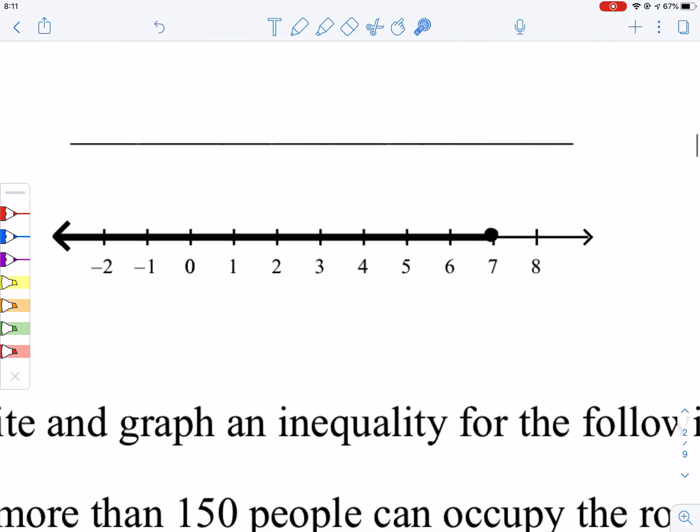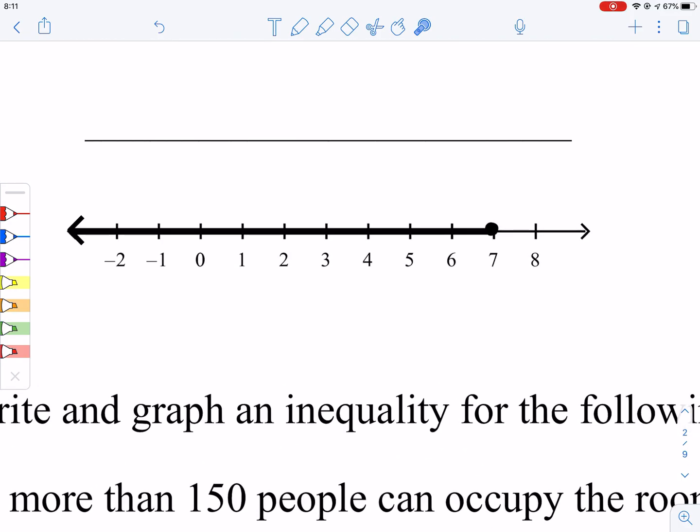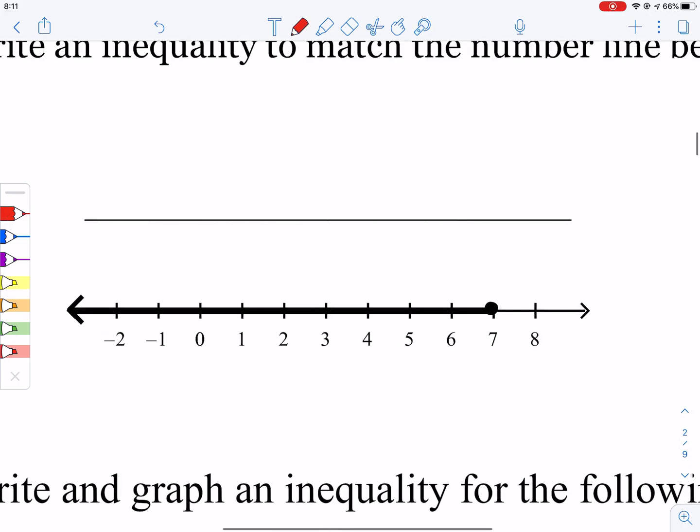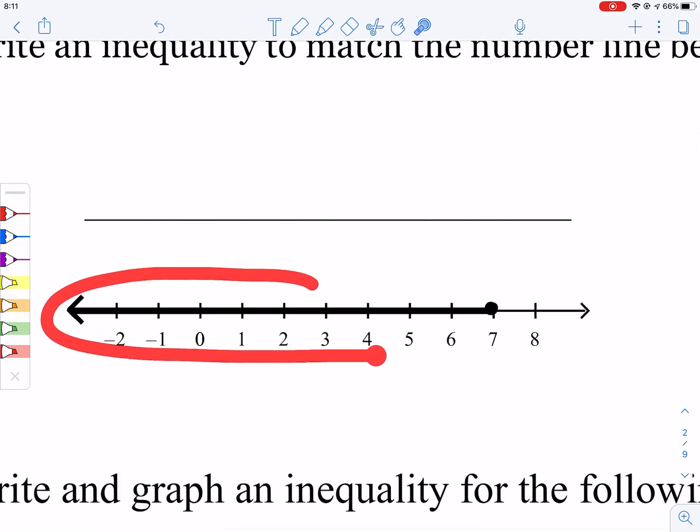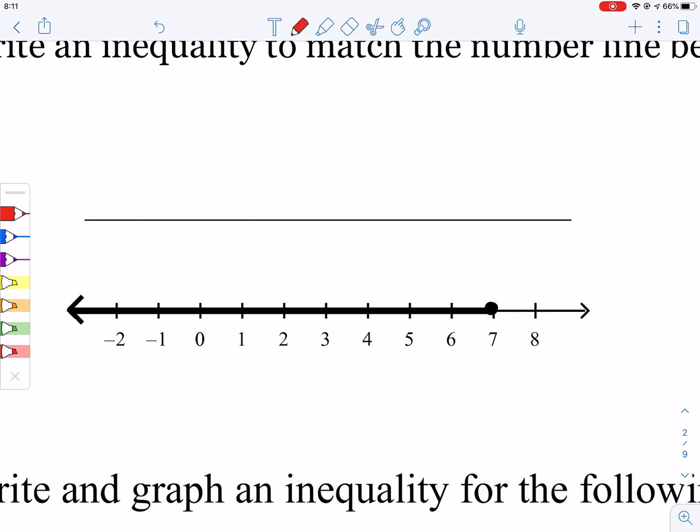If you look at this number line right here, notice that this 7 is colored in, and then they're shading to the left. So if you look at the 7, they're shading the 7 and all numbers that are smaller than 7. So these values right here, all these values that they shaded in for us, the values are x.